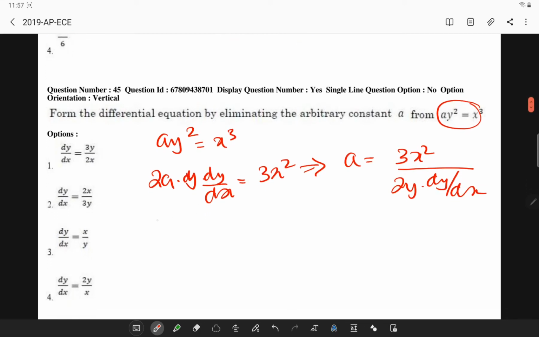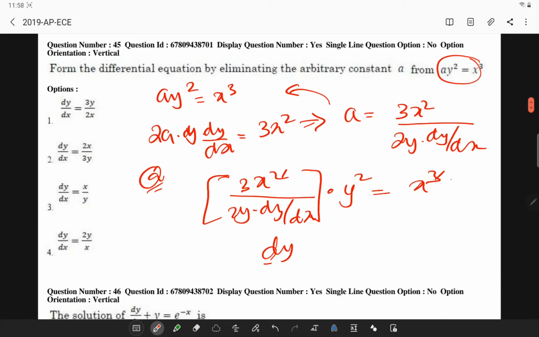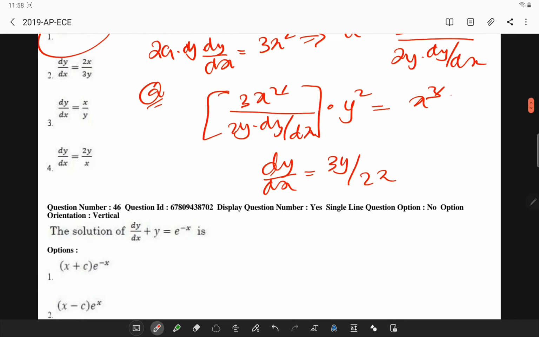To eliminate a, you have to substitute this here. So I can simply write 3x square by 2y into dy by dx into y square is equal to x cube. If I cancel the terms, I'll be left with the equation dy by dx is equal to 3y by 2x, which is your first option.